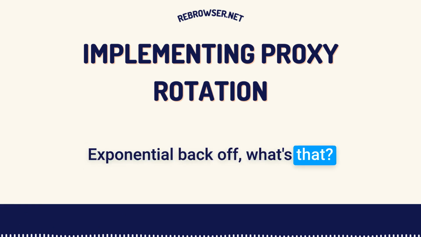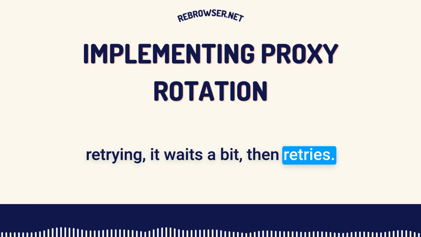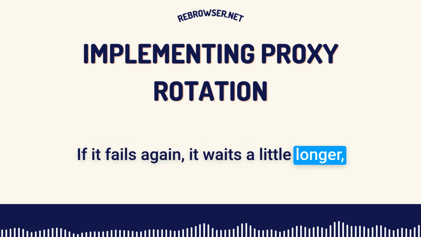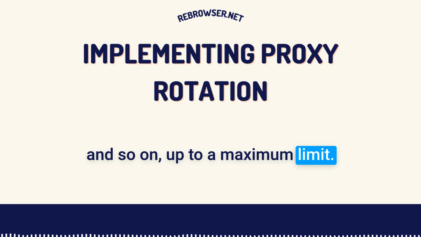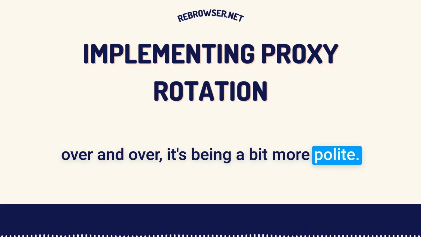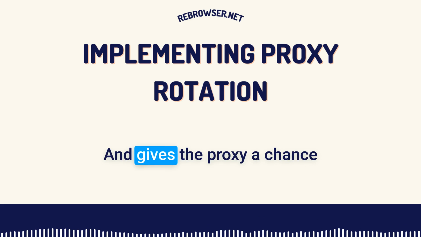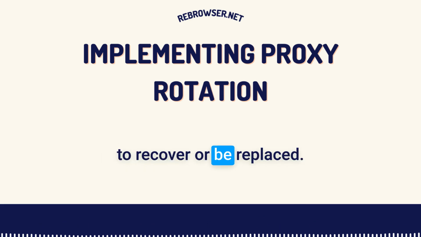Exponential backoff, what's that? If a request fails, instead of immediately retrying, it waits a bit, then retries. If it fails again, it waits a little longer, and so on, up to a maximum limit. So it's not just hammering the website over and over. It's being a bit more polite. Exactly. This prevents overloading the target server and gives the proxy a chance to recover or be replaced.